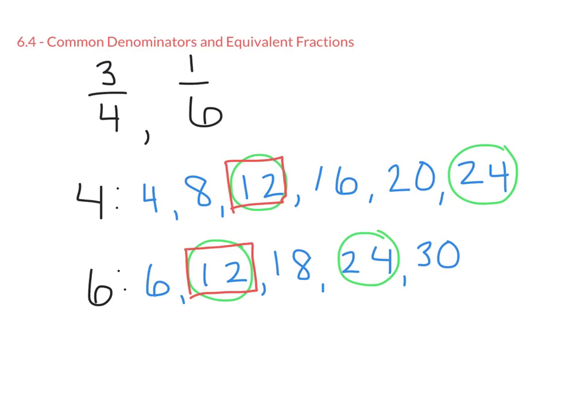So we're going to rewrite 3/4 and 1/6 as fractions with a denominator of 12. We want to figure out how many 12ths 3/4 is equal to, and how many 12ths 1/6 is equal to.